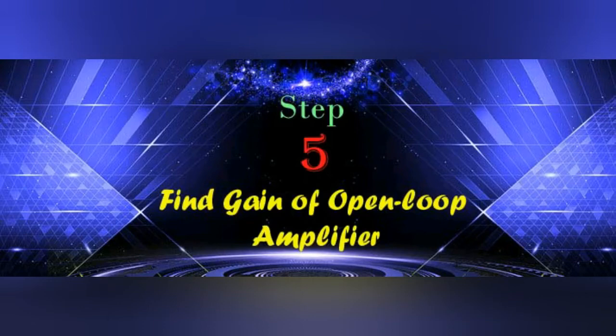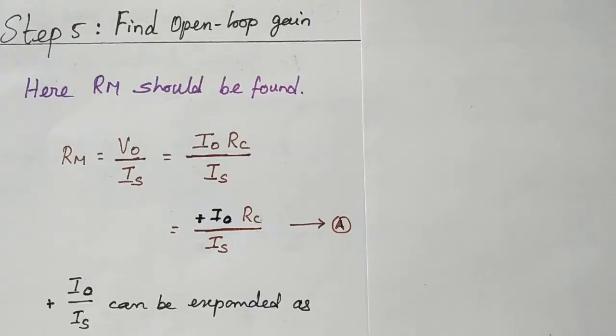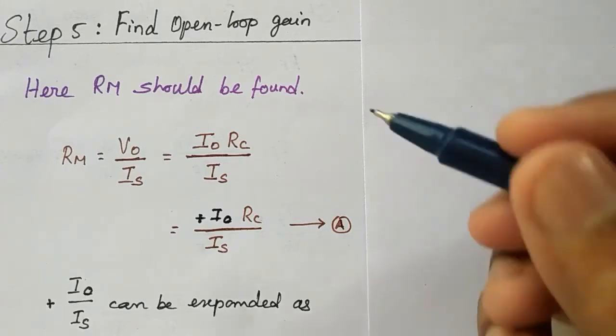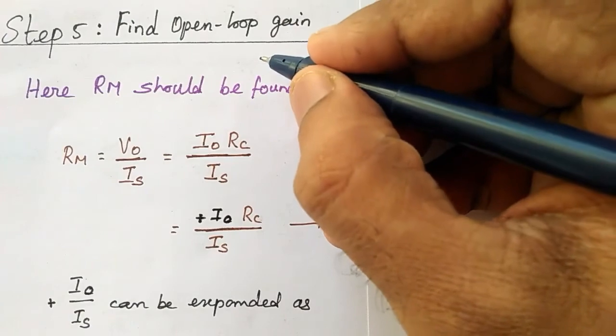Step 5: finding the open loop gain of the amplifier. In this step, we are going to find the open loop gain. Here the basic amplifier is nothing but the trans resistance amplifier.